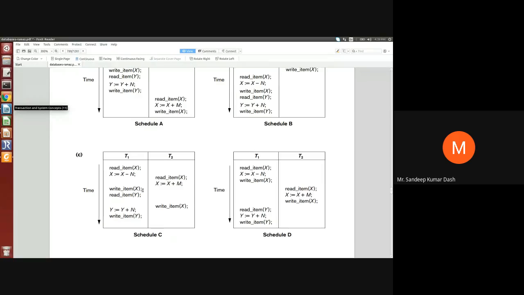The same thing also here, if you see, what will happen? Here you will get the correct result, 87 and 93, because this is already writing.